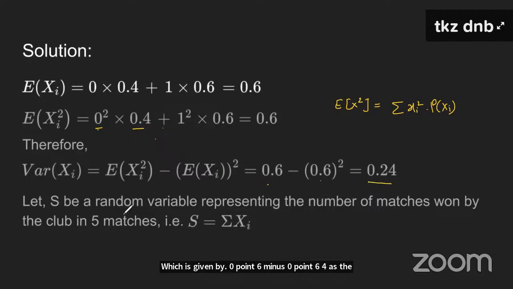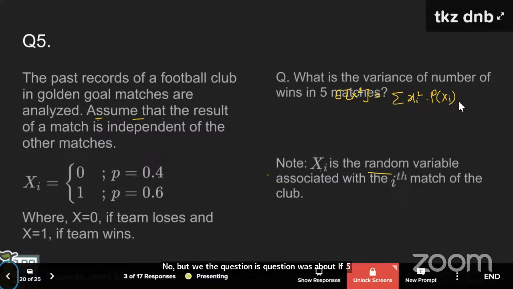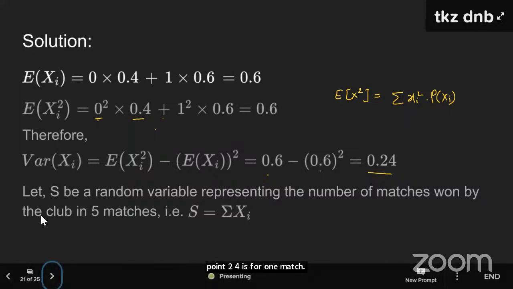But the question was about 5 matches: what is the variance of the number of wins in 5 matches? This 0.24 is for one match. We have to calculate for 5 matches.